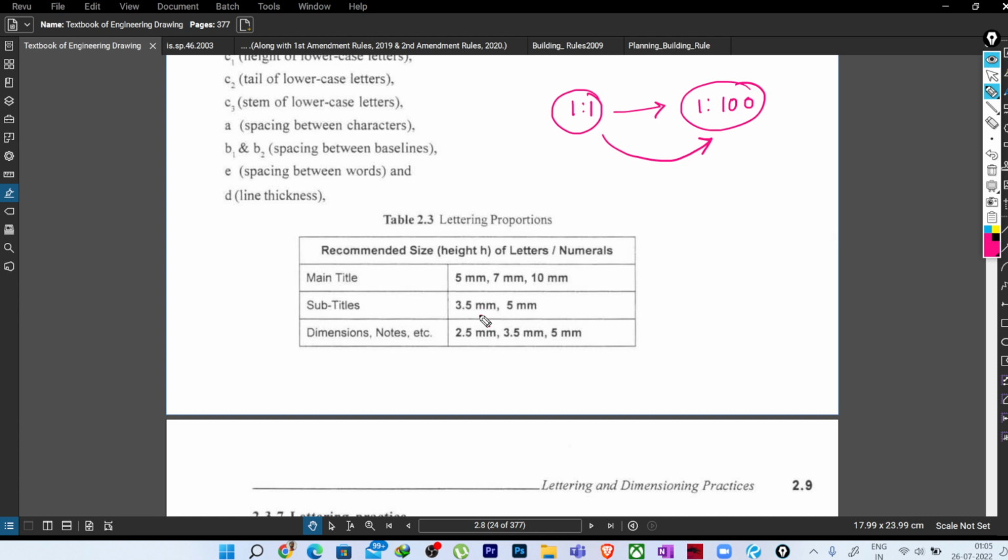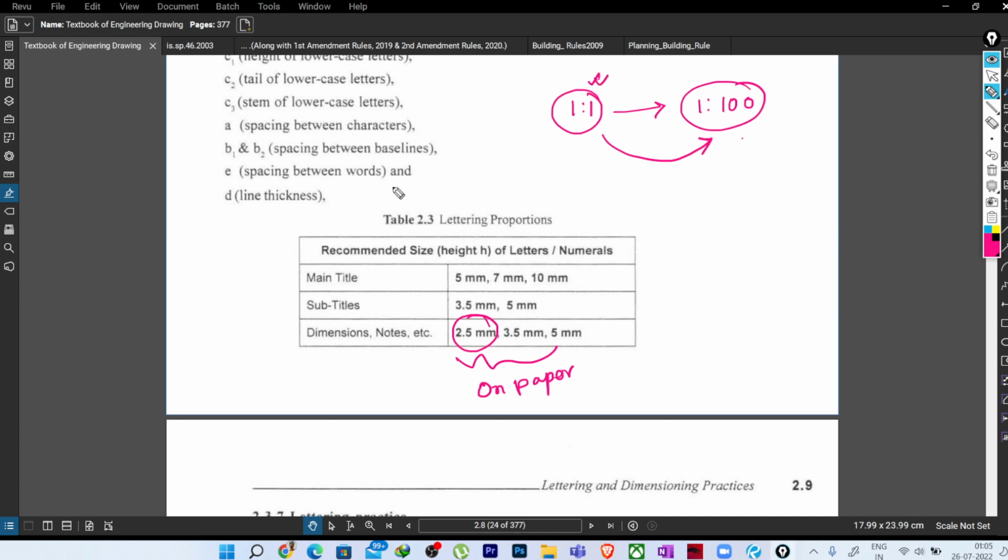So this 2.5 mm is actually meant to be on paper in 1:100 or 1:50, whatever drawing you are using, when we are drawing in 1:1 scale.